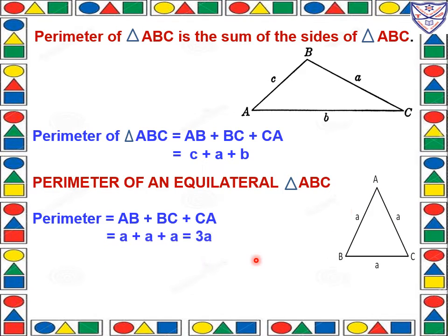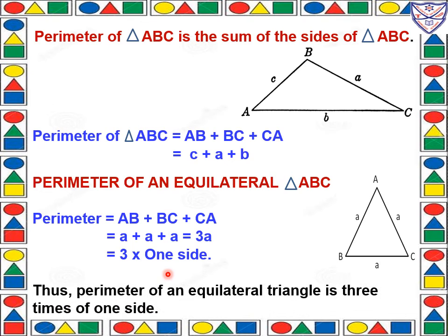So a plus a plus a gives 3a. We can also write 3 multiplied by one side. If AB equals 5, we multiply 3 by 5 and get 15. Thus the perimeter of an equilateral triangle is 3 times one side.